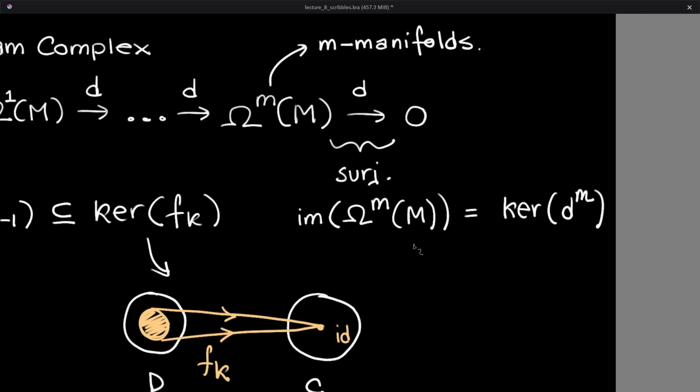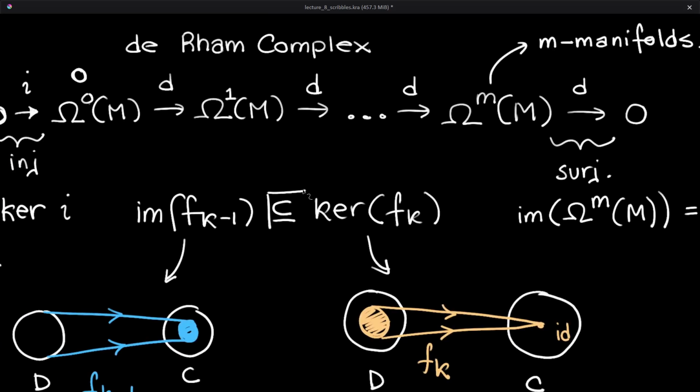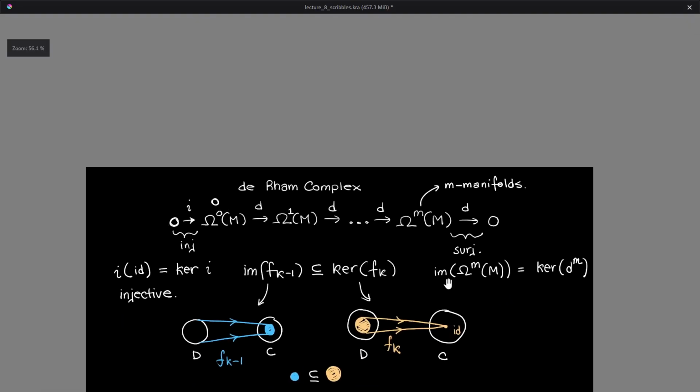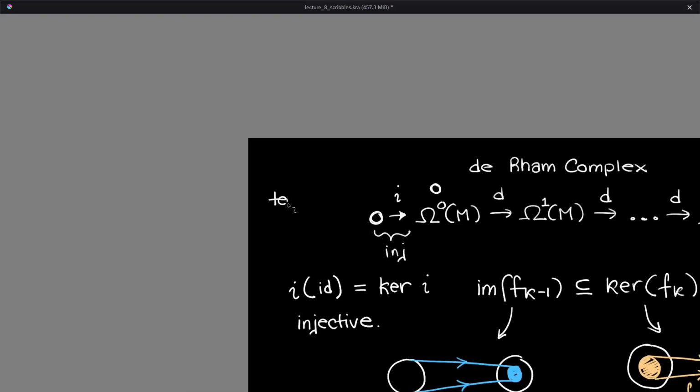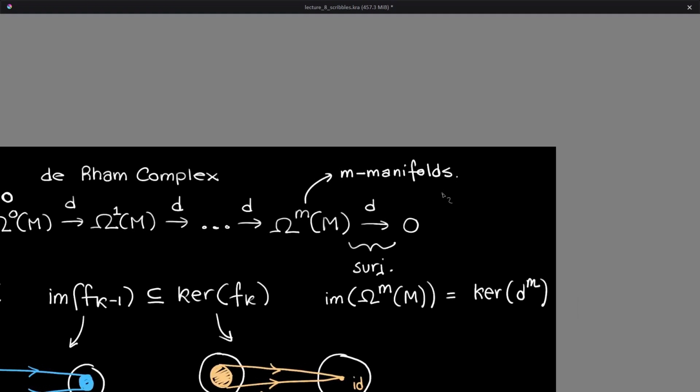So this saturates the subset-or-equal condition. It's not a subset, it's exactly equal, which means that the upshot of both of these is that this terminates at the beginning, and it terminates at the end.